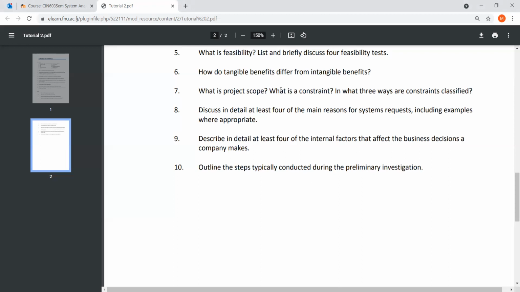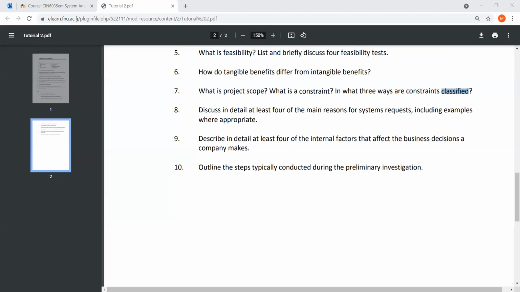Okay, question number 7. What is project scope? What is constraint? In what 3 ways are constraints classified? Let's define project scope first.